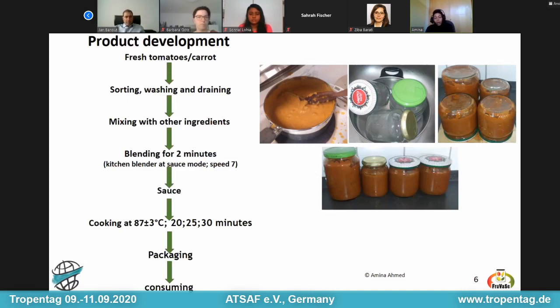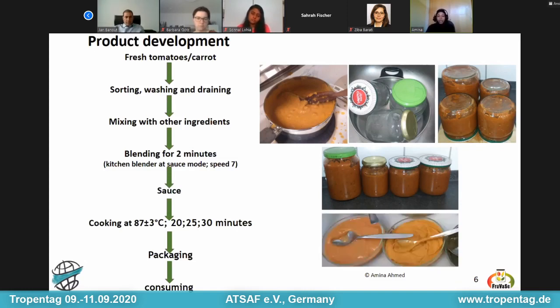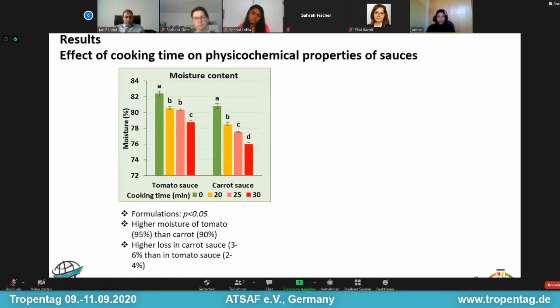So in our ongoing research, we have done the packaging and shelf life studies. So we have the formulation, which up to 6 months, they are still good. So we are also forecasting that this type of sauce could be the same, as the pH and titrable acidity is almost similar with the other formulations.